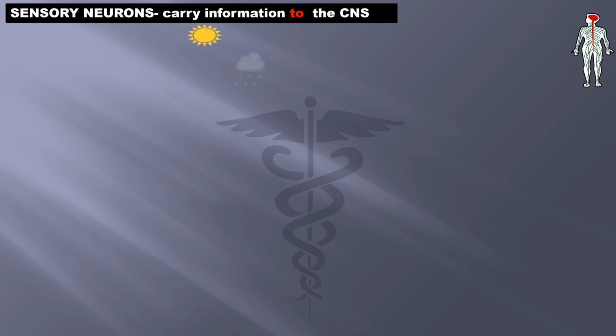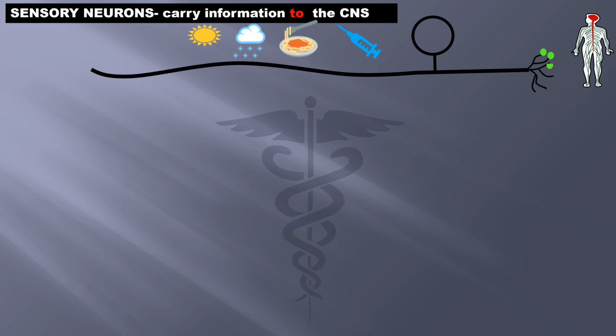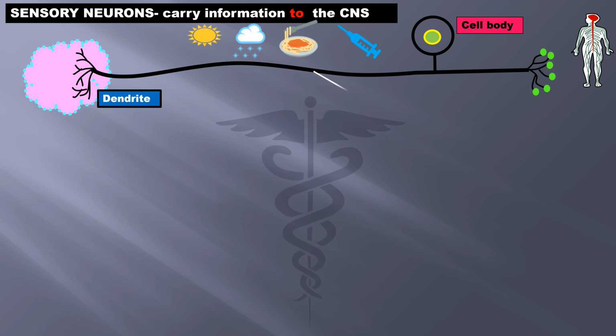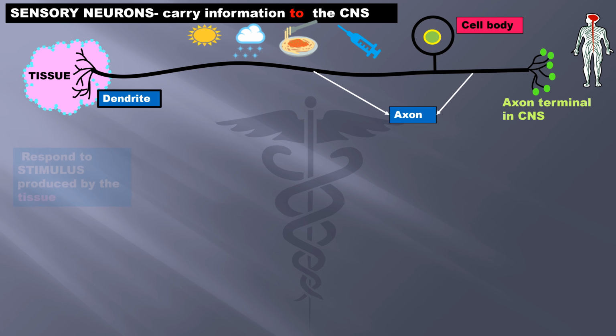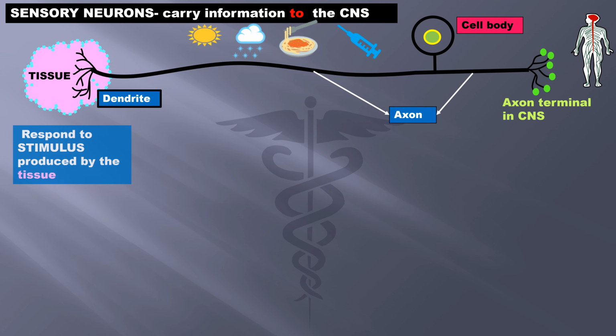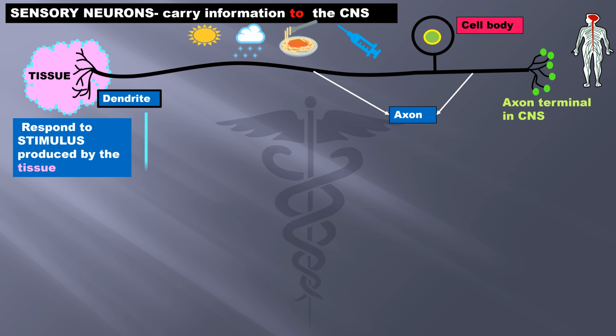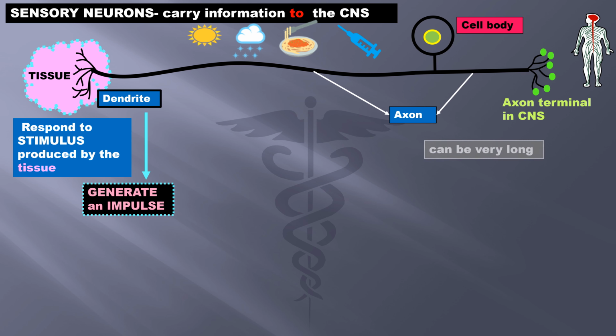The sensory neuron carries information to the CNS. This is a sensory neuron: dendrite, cell body on top, axon, and axon terminals in the CNS. Dendrites respond to stimulus produced by the tissue and generate an impulse.